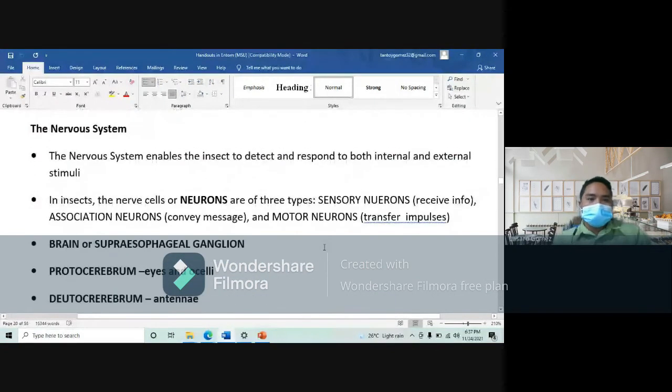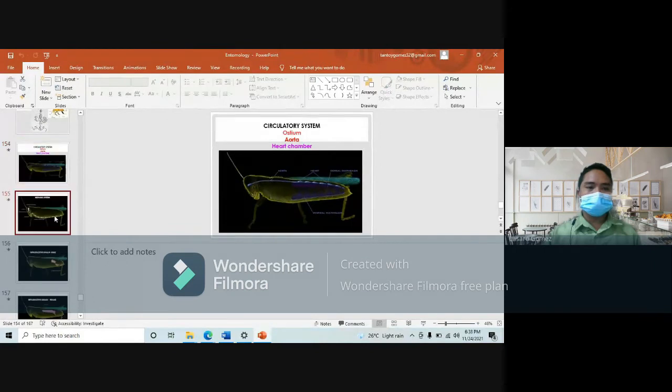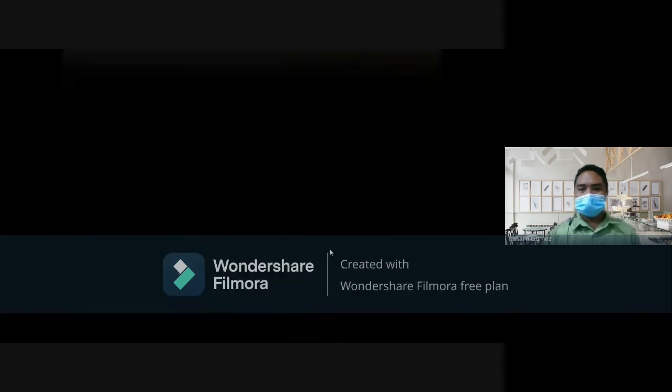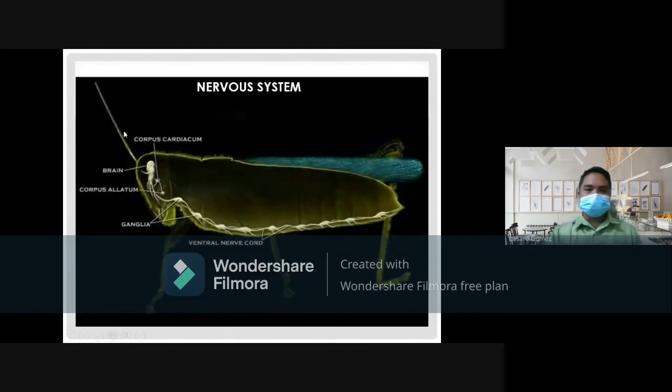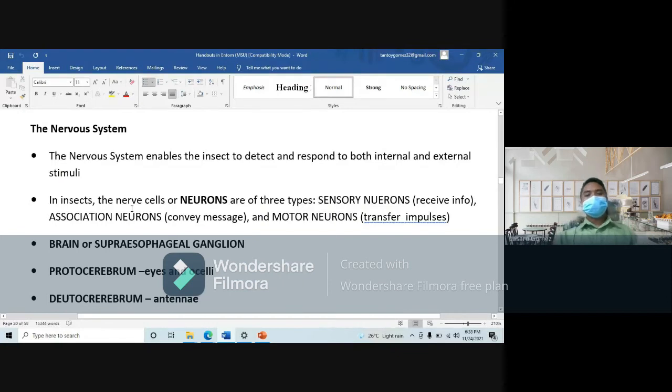Now, let's move to the insect's nervous system. The nervous system enables the insects to detect and respond to both internal and external stimuli.